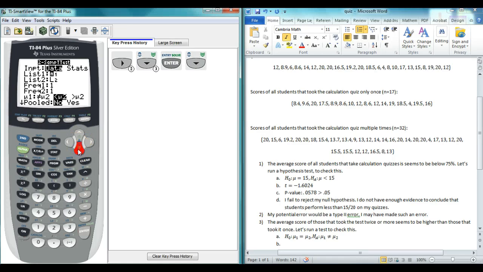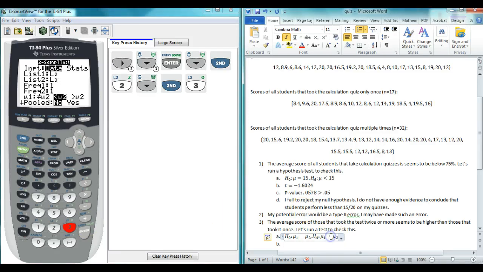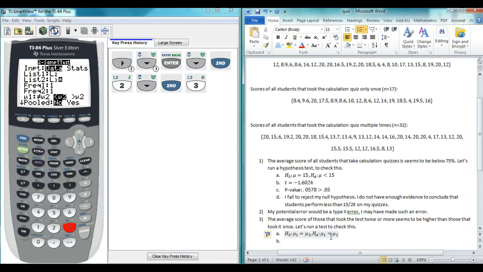The data for my first group, those who took it only once, would be L2, and my other group, those who took it more than once, would be my L3. I'm going to change this from not equals, because I actually think that students who take the quiz more than once are going to score higher. So I'm going to have mu1 be less than mu2, because mu2 was the group who took it more than once.